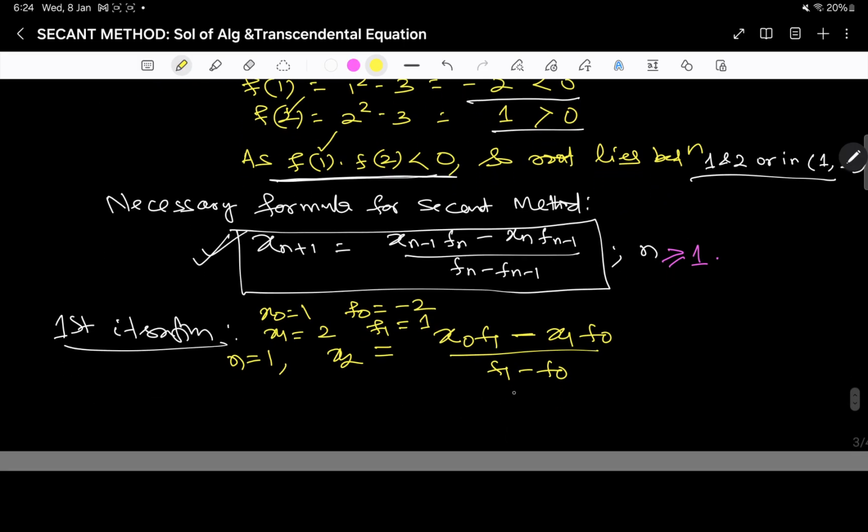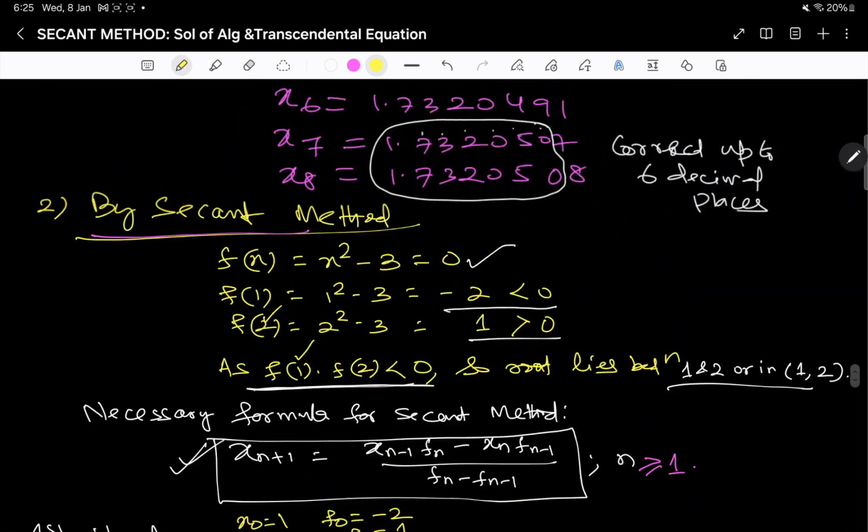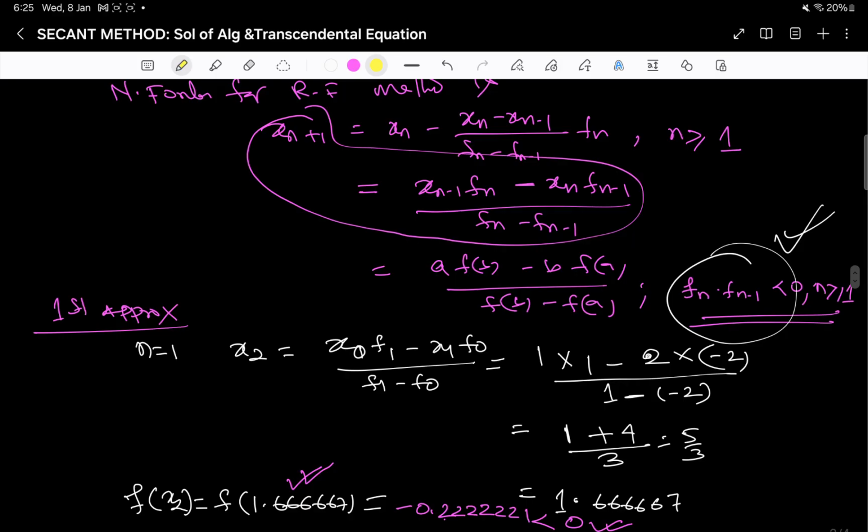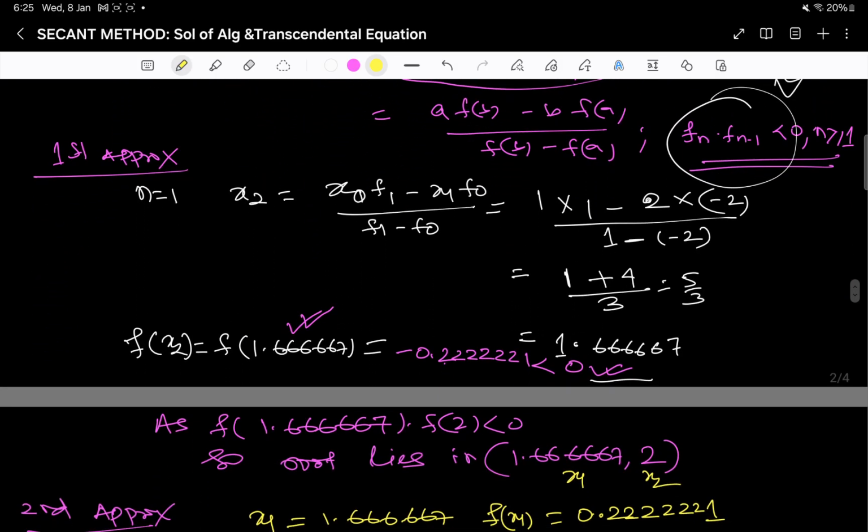Now if you simplify it, it will give you 1.66666667.